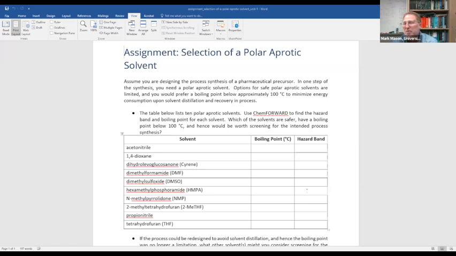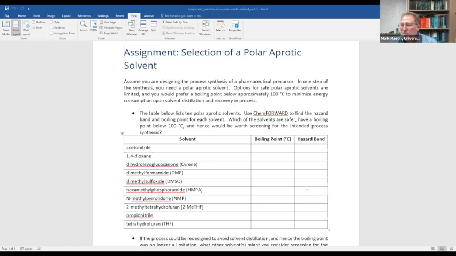So the premise here is that students are hypothetically working on process synthesis for scale up of a pharmaceutical. In one of the synthesis steps, they're looking for a polar aprotic solvent, which are hard to come by, that is safer. They'd like to keep the boiling point below 100 degrees because they want to recover that solvent.